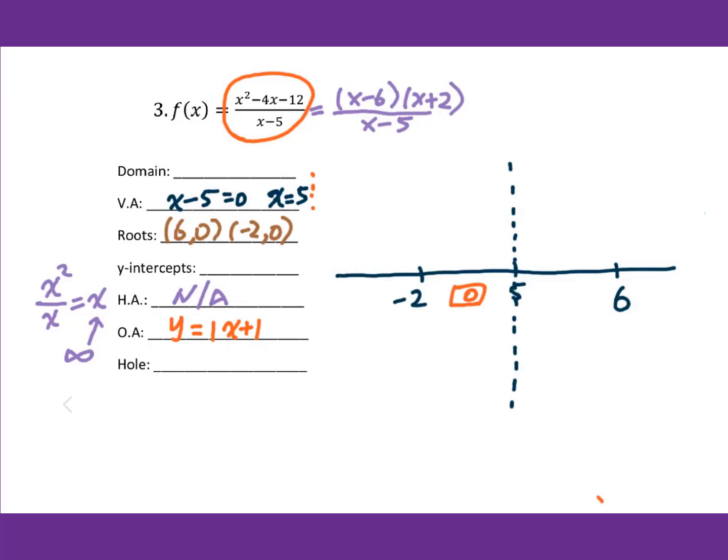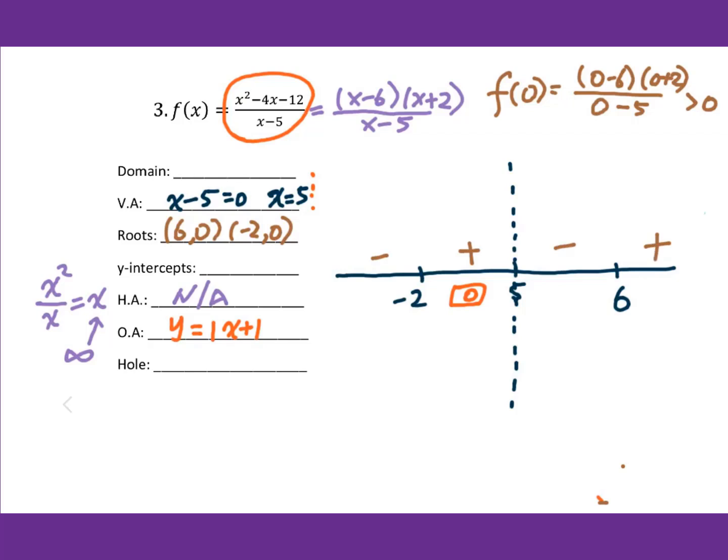When we plug in 0 to this rational function, you will get 0 minus 6, 0 plus 2, over 0 minus 5. You could see it's a positive. Therefore, I label this as a positive. Since this rational function is all single factor, we change the sign.